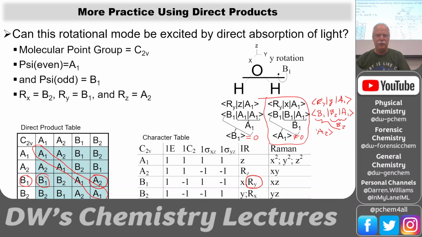Now, don't be fooled by that tricky letter A. This is not top row. A1 is top row. This is not top row, so this is equal to 0. So there's only one allowed polarized light that will cause this transition to occur. Okay, and that would be Y polarized light. Any questions on that?